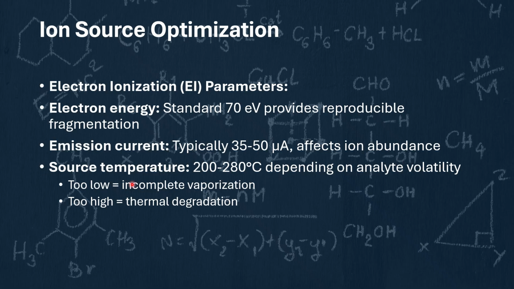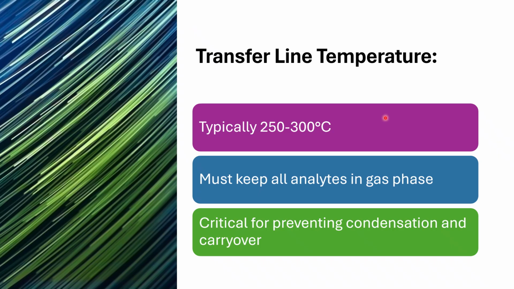Then comes your source temperature, which ranges from 200 to 280 degrees Celsius depending on your analyte volatility. If it is too low, it will cause incomplete vaporization, and if it is too high, it would cause thermal degradation. Transfer line temperature typically ranges from 250 to 300 degrees Celsius.